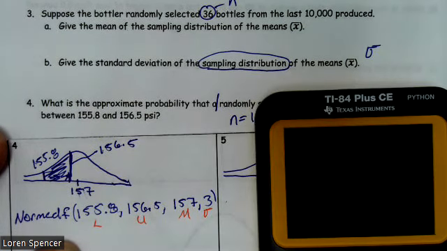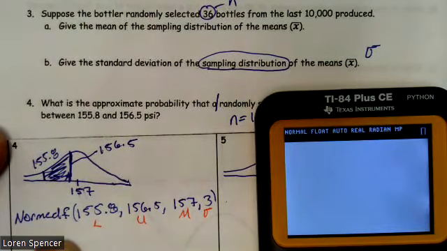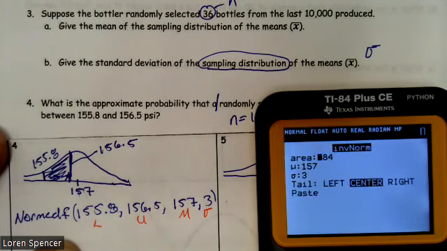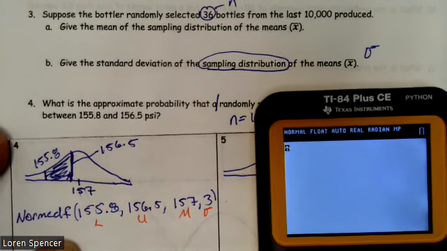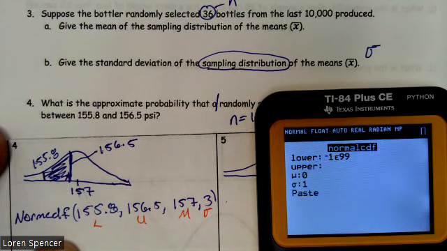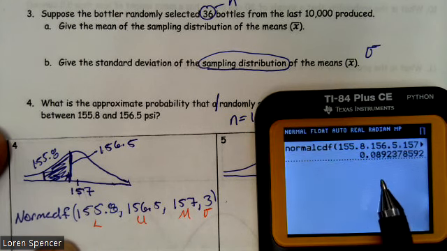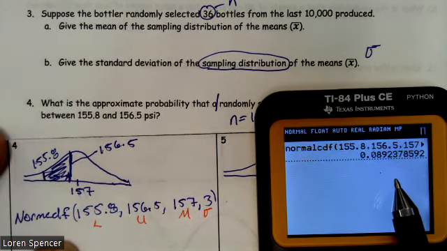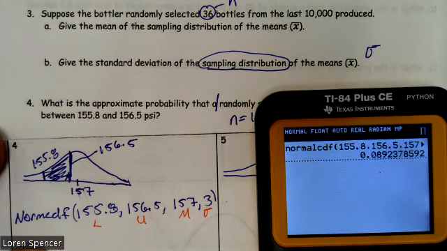Going to the calculator, second vars, NormCDF, lower bound 155.8, upper bound 156.5, mean of 157, standard deviation of 3. And we end up getting 0.08923.